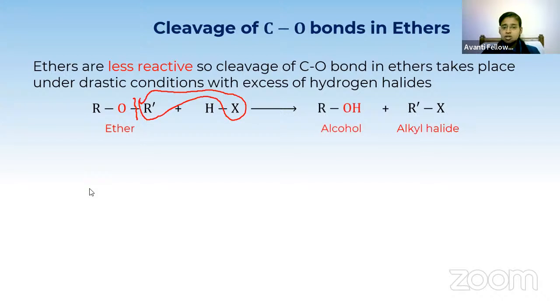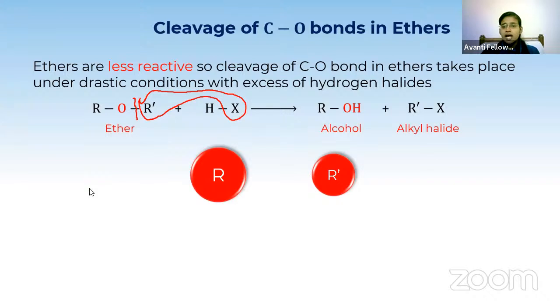Got it? Now you may ask me, ma'am, we have two carbon-oxygen bonds because both of them are alkyl groups. Which carbon-oxygen bond will break? What is the criteria for it? Can any bond break, or is there any condition? I will give you the reason. If the two R groups are the same, then there is no issue.